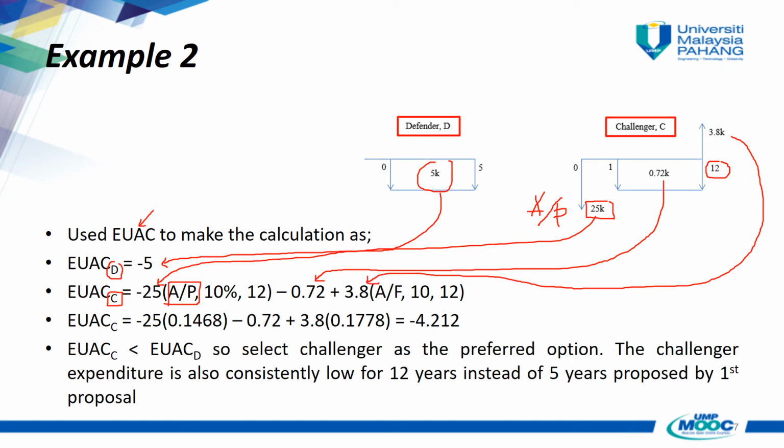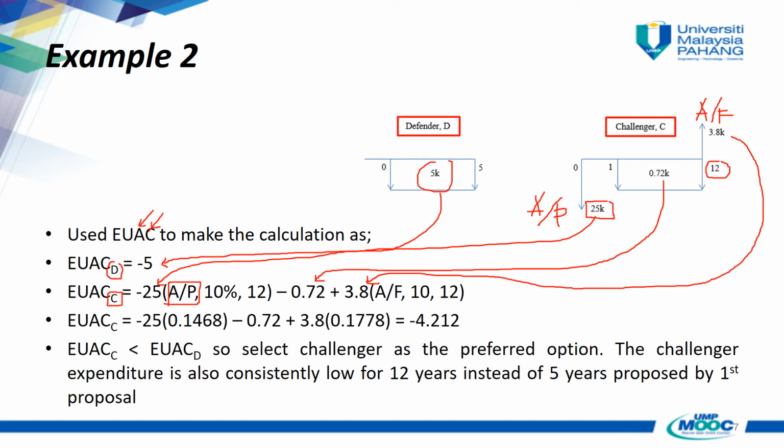Because this 3.8 thousand is a future value and we want our calculation in EUAC per annum value, we need to transfer it to become finding A when you know the F. So 3.8 must be multiplied by finding A when you know the F at 10% for 12 years. We need to take this value from the compound interest table.